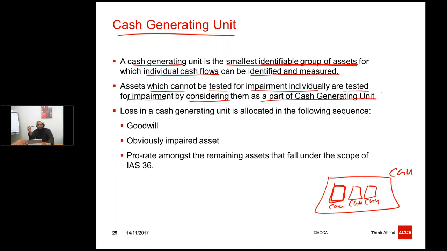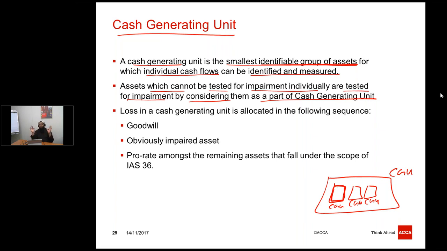So for example, I ask you how much cash this pen is going to generate. Can we calculate? Obviously not. So not everything can be seen as generating cash. But if I say that this camera, this pen, this tablet, and this room is a CGU, now this can generate cash.